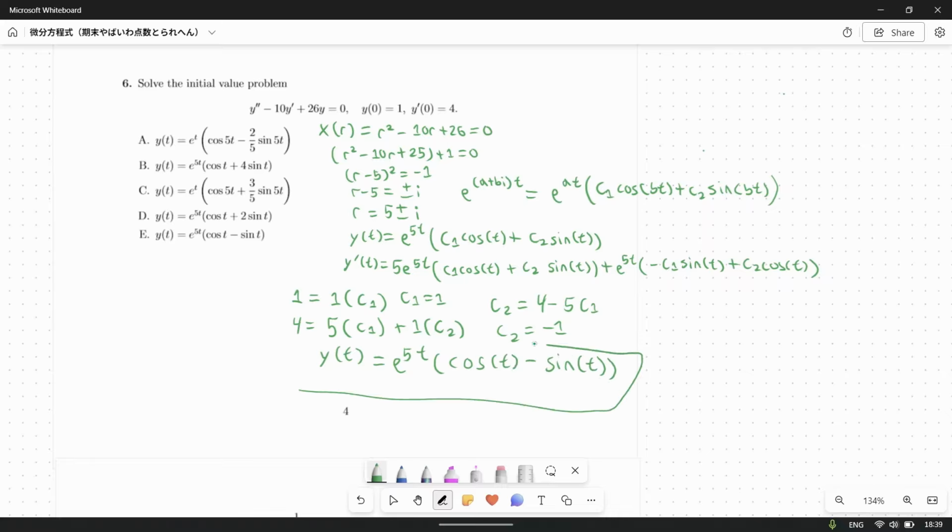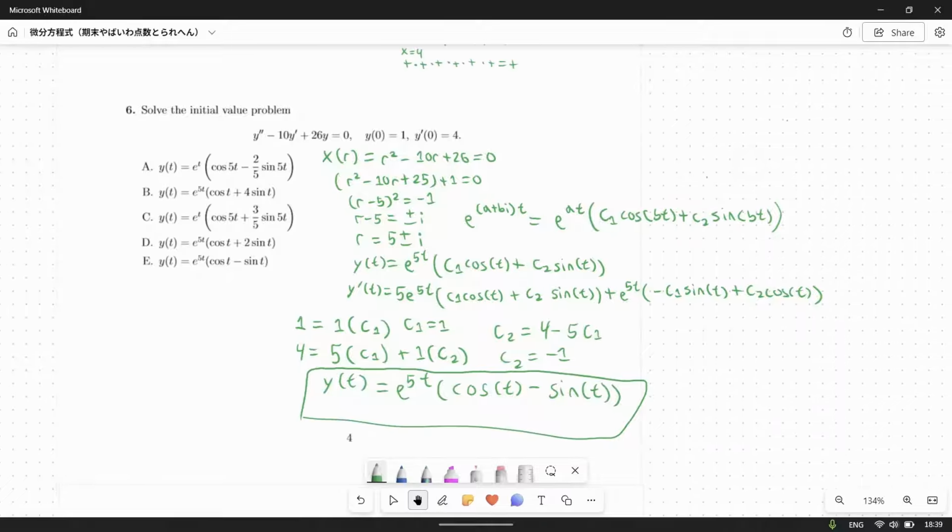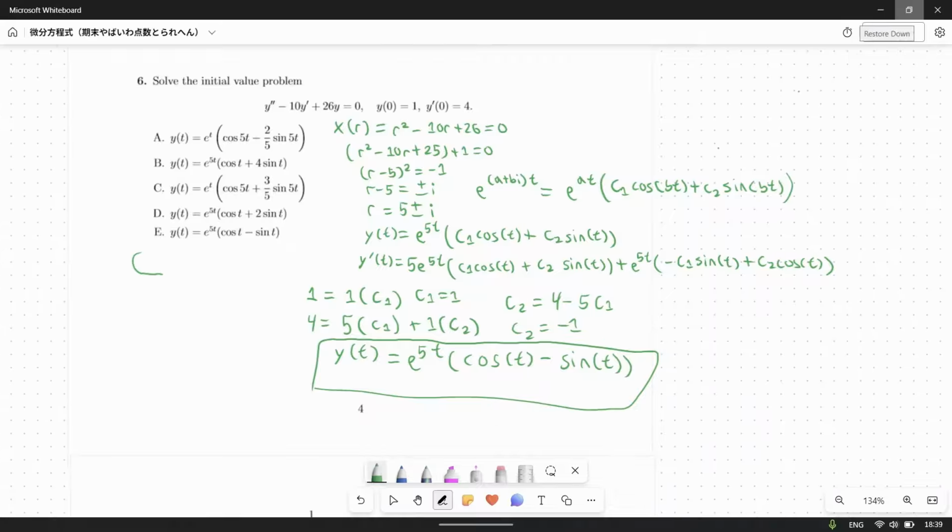Oh, my computer is bugging out again. There we go, I think I fixed it. So this should be our final answer to this question, and the answer is going to be E.